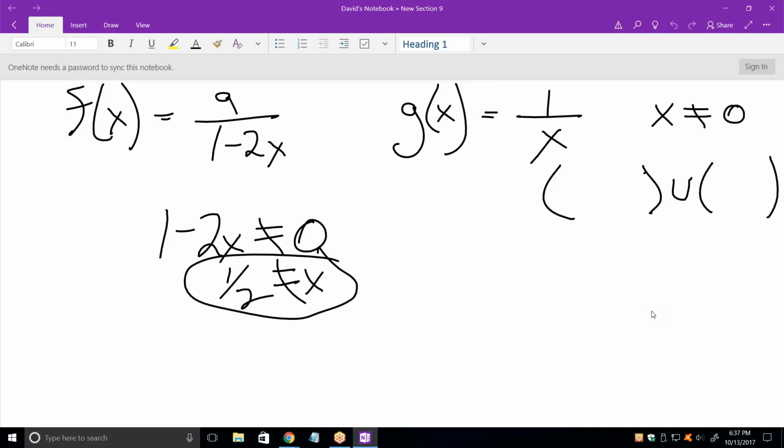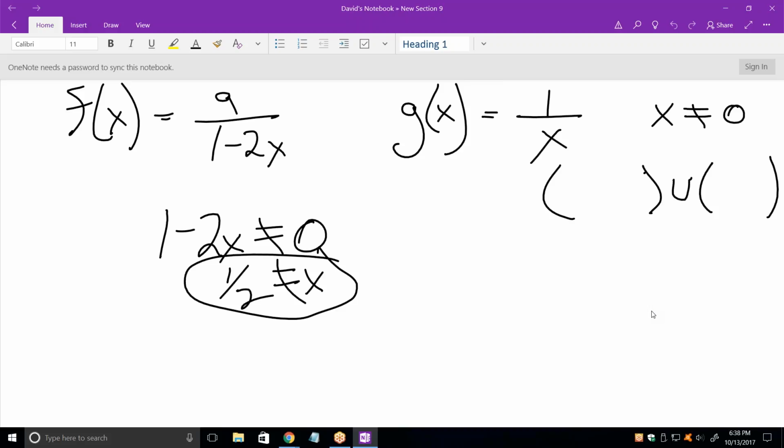Oh, that's the f function. I'm talking about the g function. I'm going to do the easy one first. So how do I write all real numbers except 0 in interval notation?